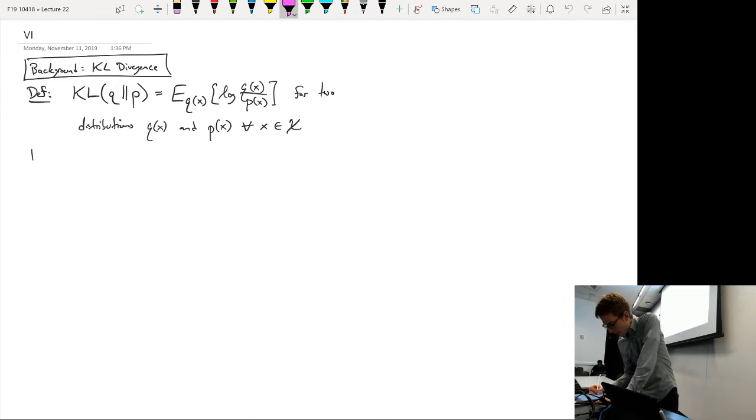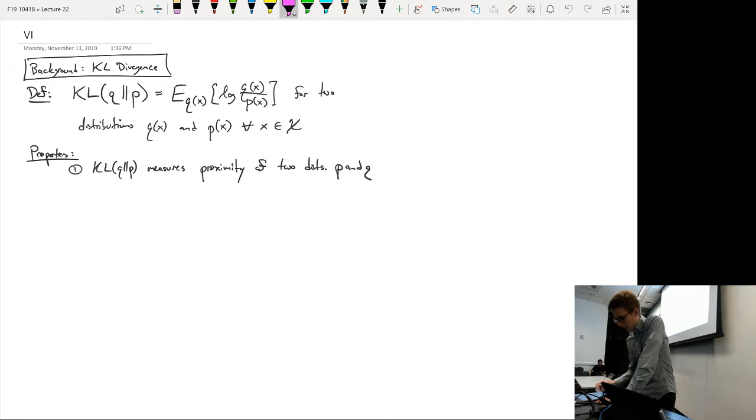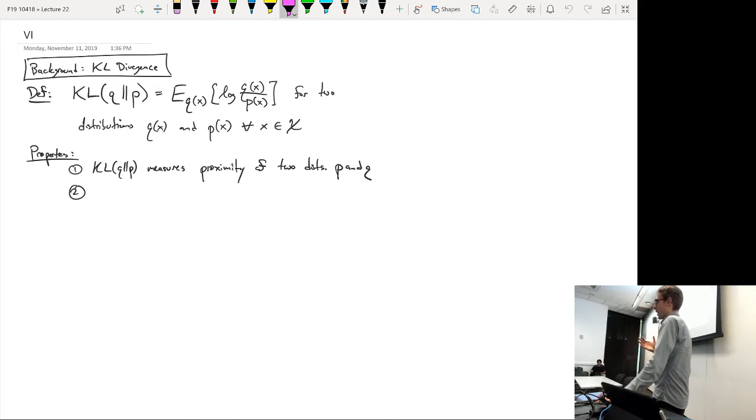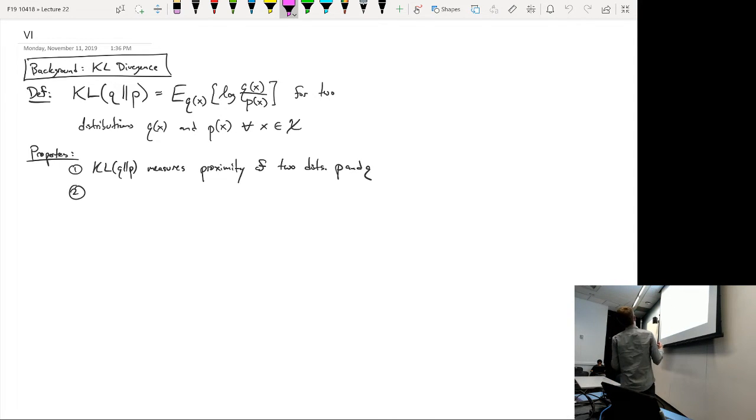So the properties of KL divergence that we care about are, well, one, the KL of Q and P can be thought of as measuring the proximity of these two distributions, P and Q. So you can think of it like a distance metric, but for probability distributions.